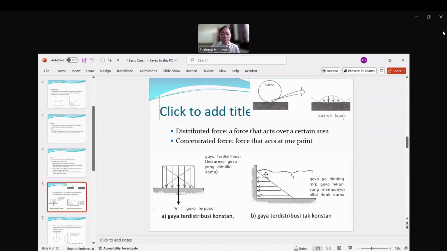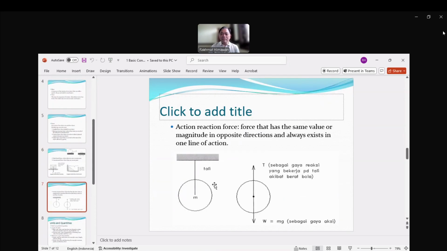Or it's concentrated in one place, like this one. The W is concentrated, so you need to calculate this whole force and then exchange it with this one concentrated force. I think we will also learn about this. Basically, it's just the area of the force.